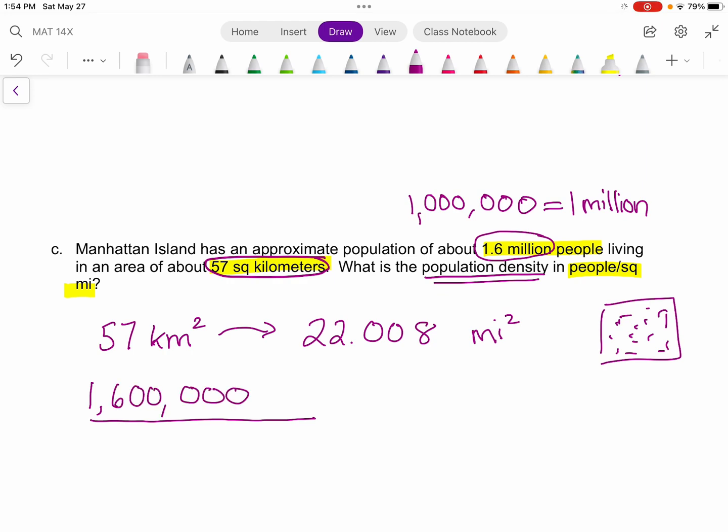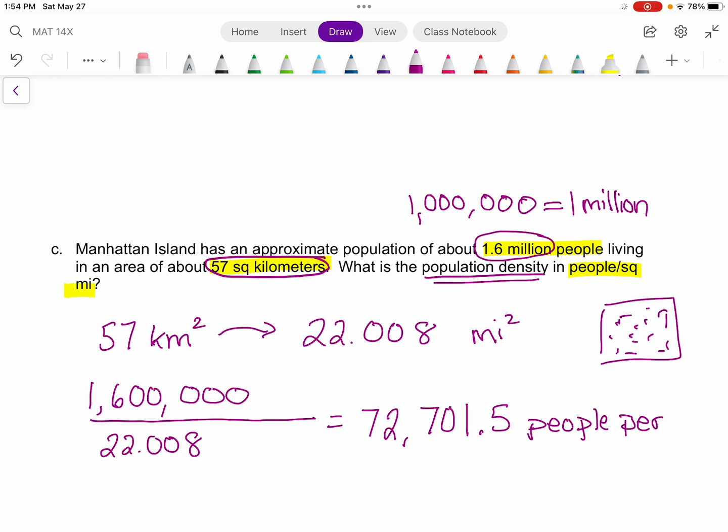So that would be 1.6 million people divided by that 22.008 square miles. And I would get approximately 72,701.5 people per square mile living on Manhattan Island. That's a lot of people.